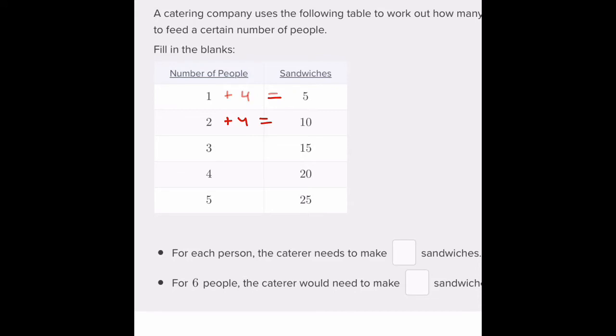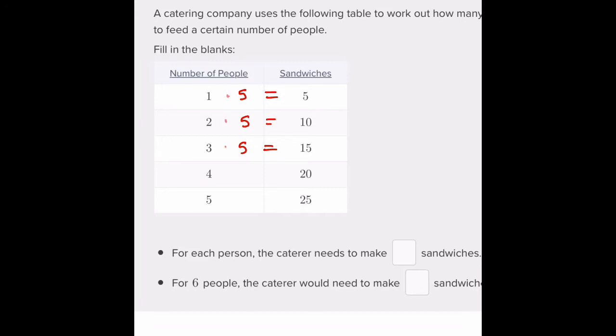So adding 4 is not going to be a pattern here. I do notice, though, that if I multiply by 5, I get the right number of sandwiches. This is one way of finding the rate in a proportional relationship.